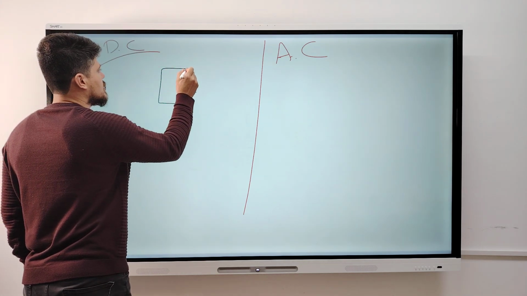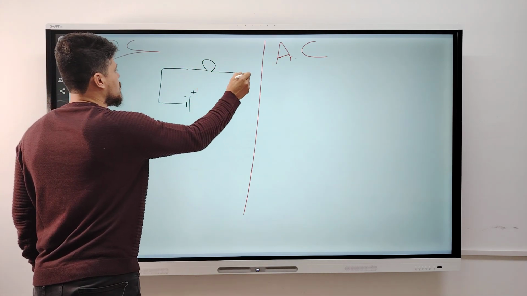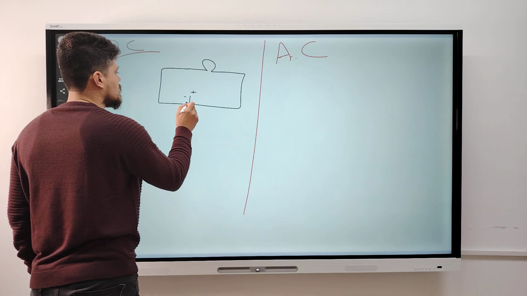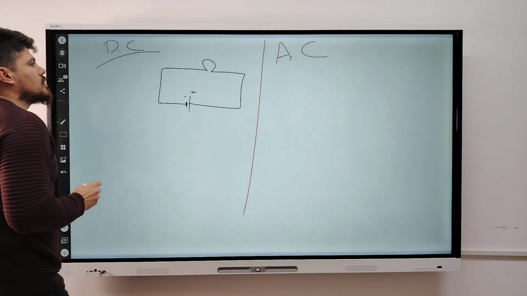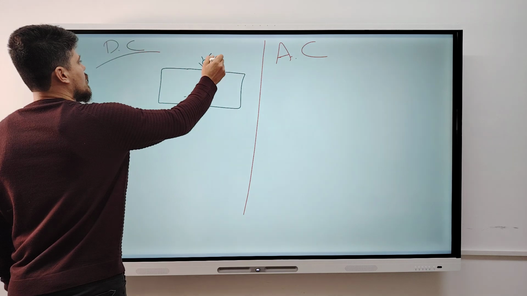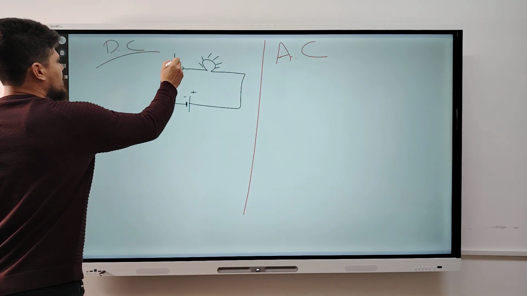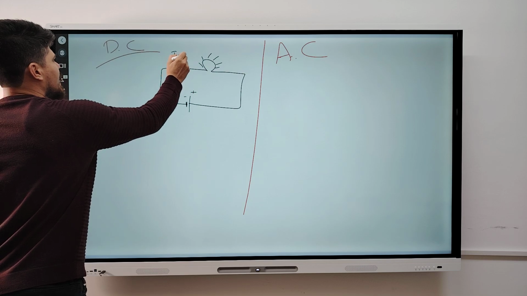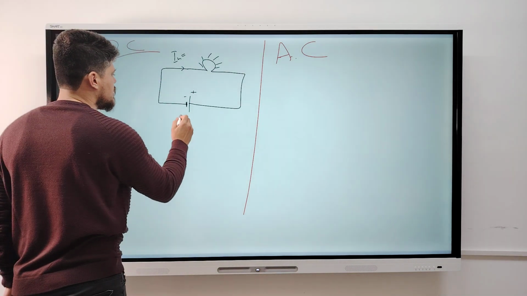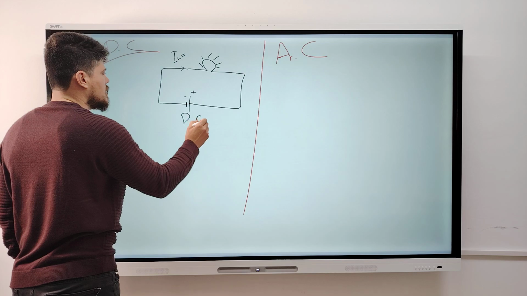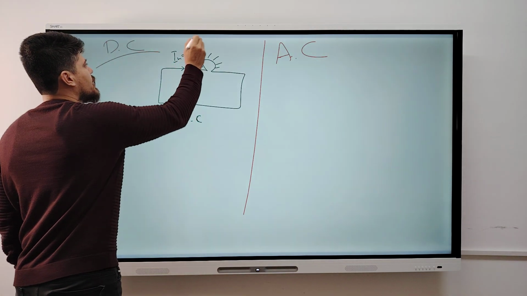When connected with a light bulb, after switching on, we can see that the light glows. Assume that the maximum current of this DC source is 10 ampere.